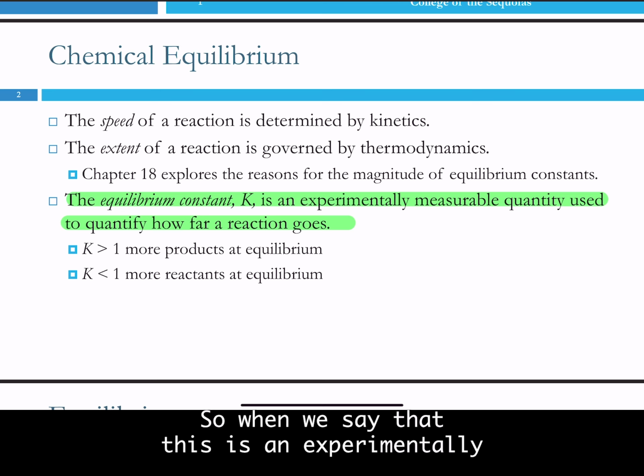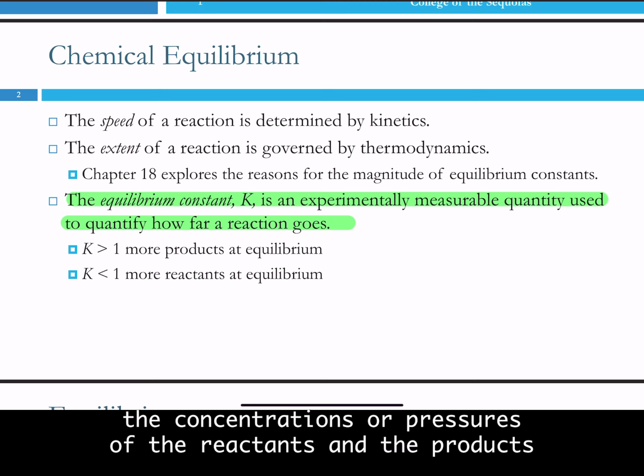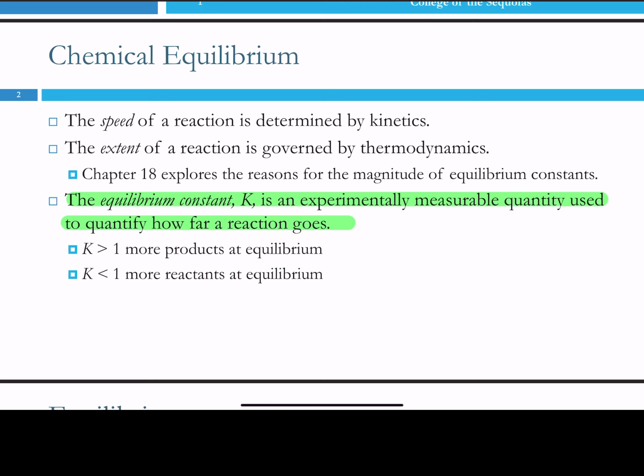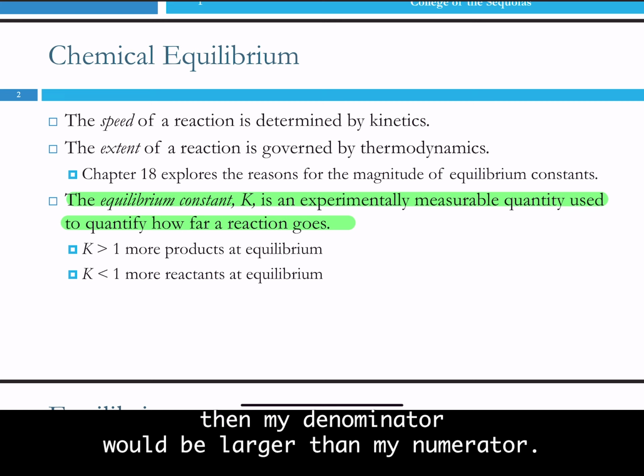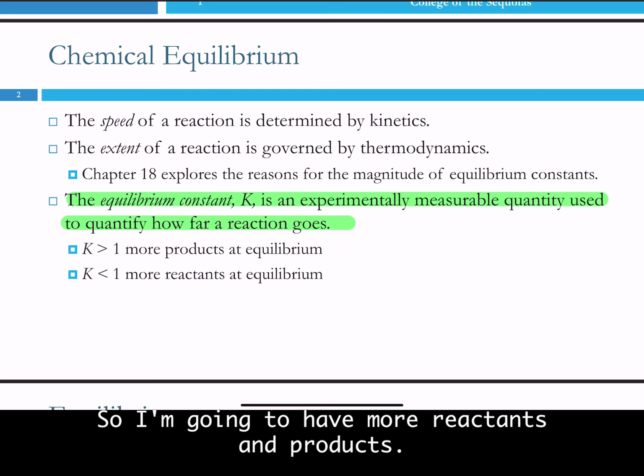When we say this is an experimentally measurable quantity, we can measure at equilibrium the concentrations or pressures of the reactants and products and get a ratio. If K is less than 1, my denominator is larger than my numerator, so I have more reactants than products.